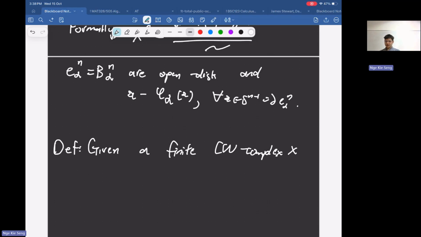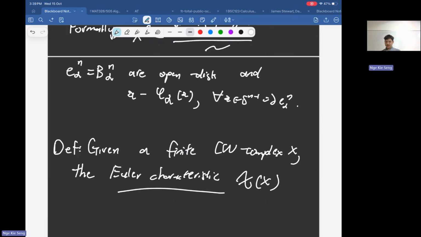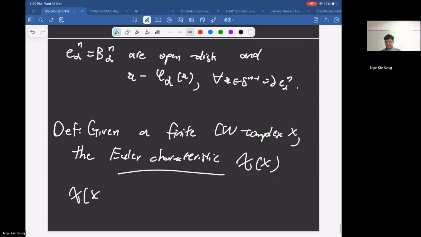The Euler characteristic of this X, let's call it chi of X, is the alternating sum of (-1)^n times the number of n cells.